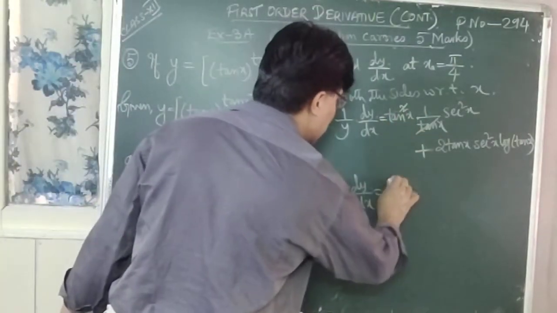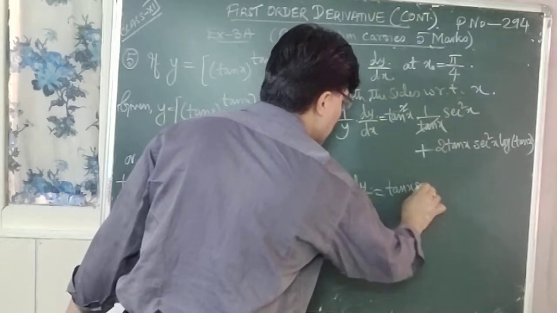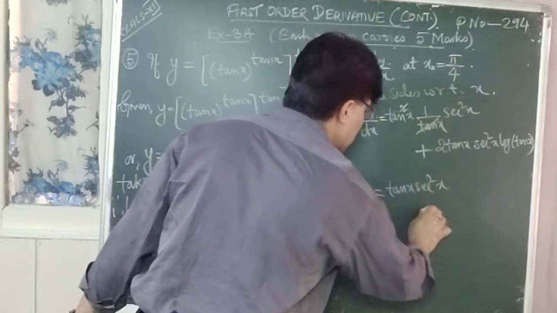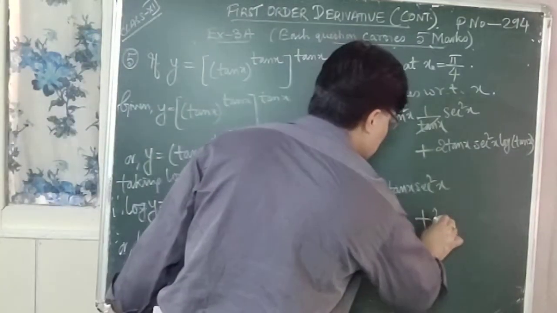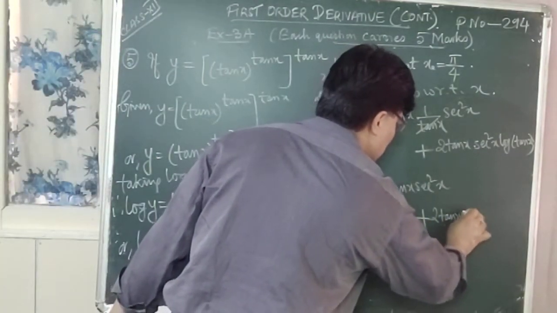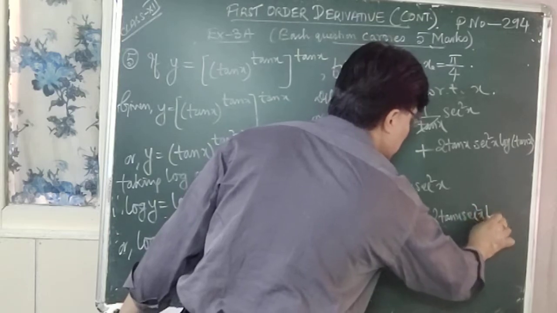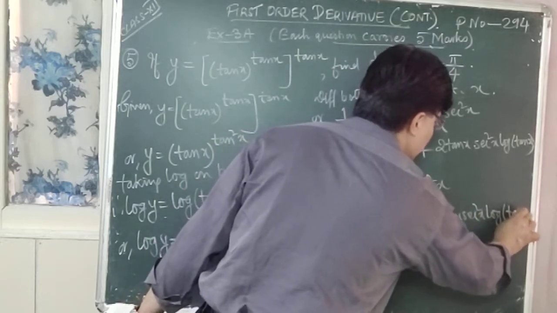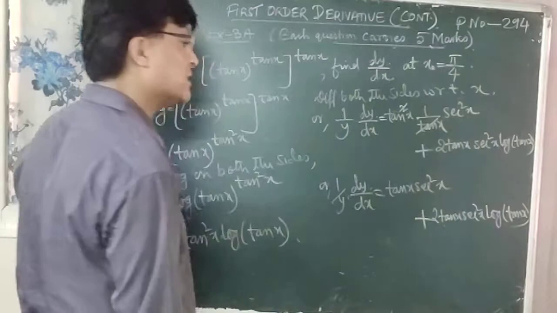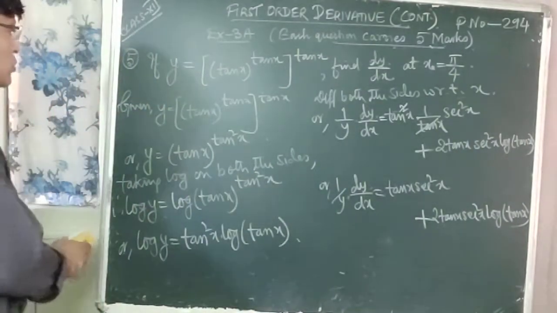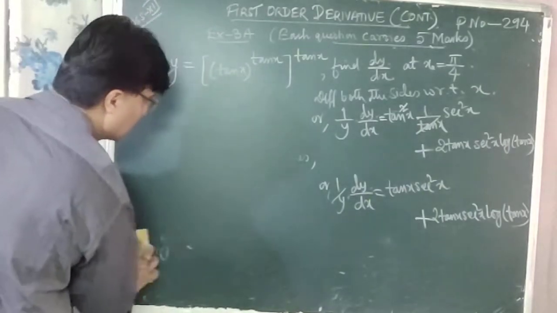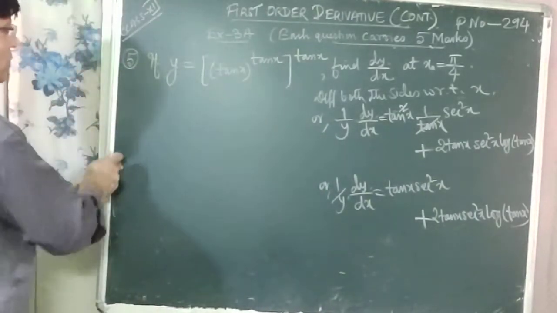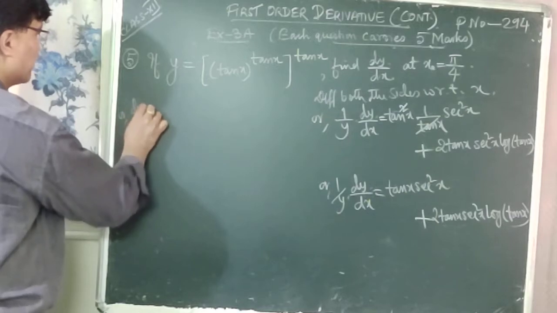now it is tan x sec square x plus, what is the second term out here? It is 2 tan x sec square x into log of tan x. Is that clear now? So now we can cross multiply here, or dy by dx is equal to y.